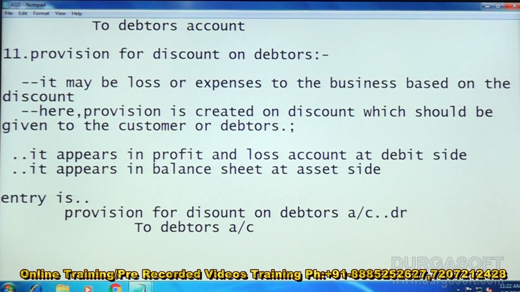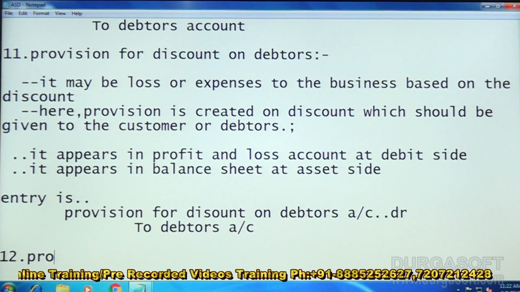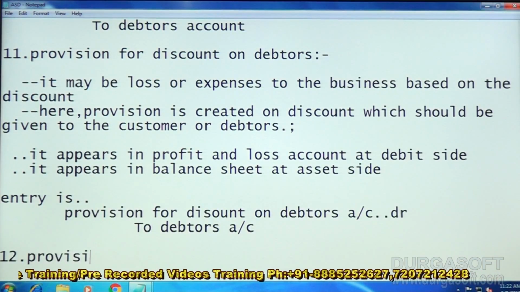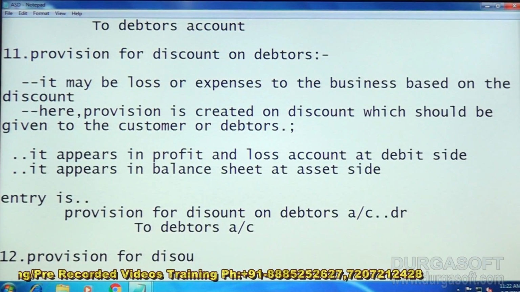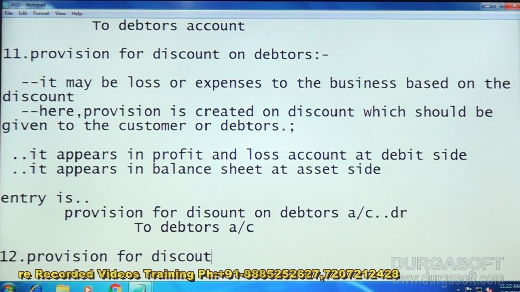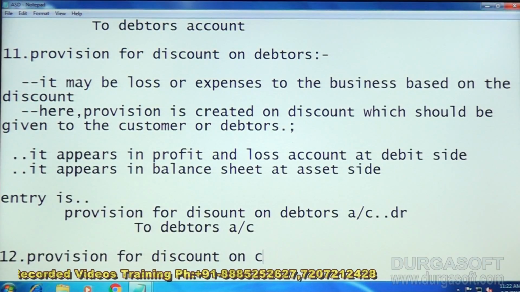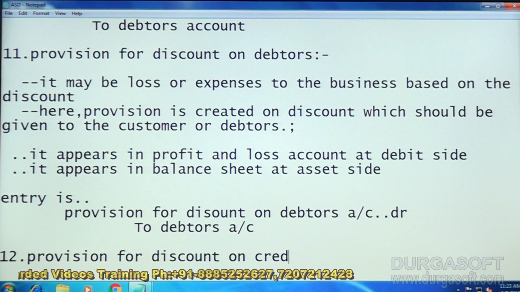Next, the last adjustment we can see here: provision for discount on creditors.